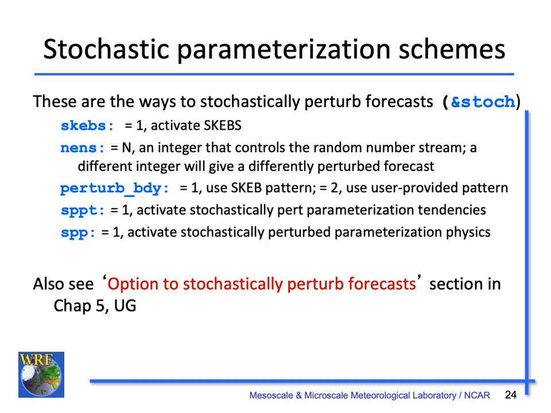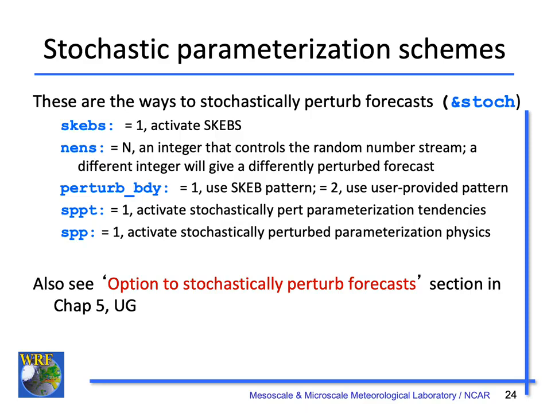The method includes SKEBS, stochastic kinetic energy backscatter scheme for rotational winds and temperature, the dynamic part of the model; SPPT, stochastically perturbed parameterization tendencies for some physics schemes; and SPP, stochastically perturbed parameters.